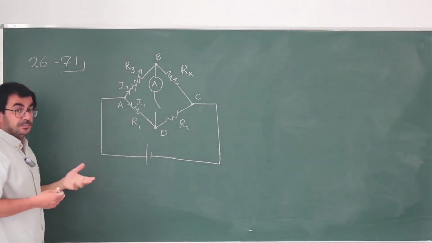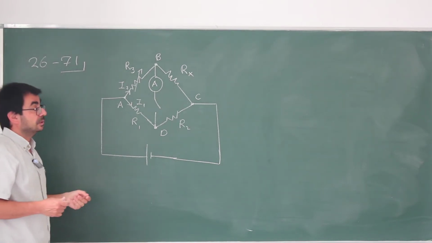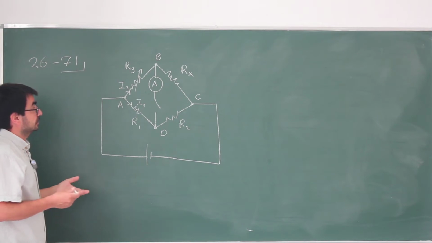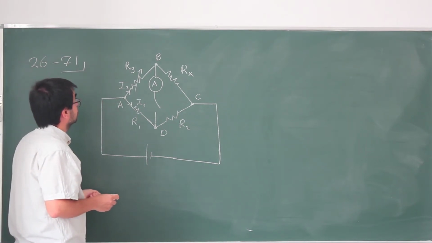And so if they're at the same potential, you can break the circuit between them, or you can connect them with a short circuit. It's not going to change the physics of the circuit. If 2 things are at the same potential, you can connect or disconnect them, it just doesn't matter.